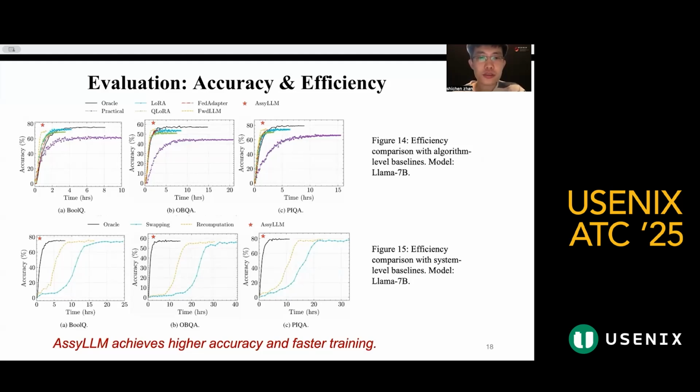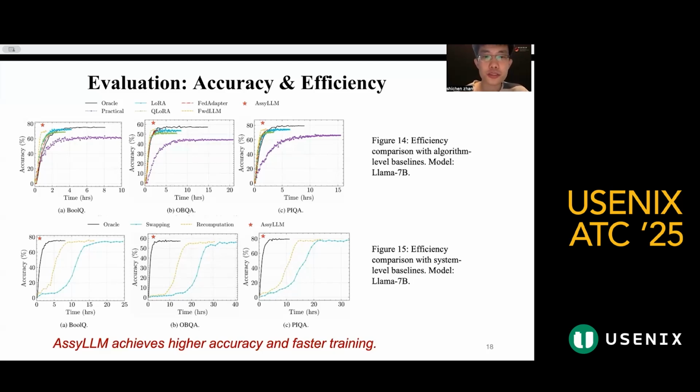During the assembling process, AssyLLM assembled 21 different models using combinations from the block pool. And from figure 14 and figure 15, we can see our method improves fine-tuning performance by up to 18%. And we have better performance than the PEFT baselines by over 13%. We also beat BP-free methods like FwdLLM by around 8%.